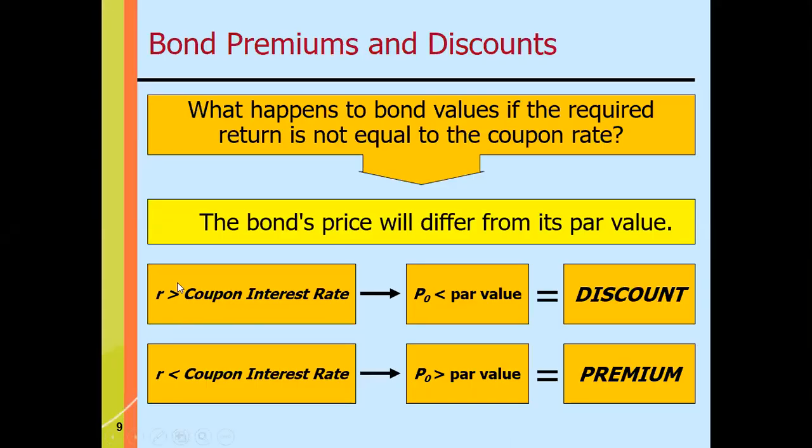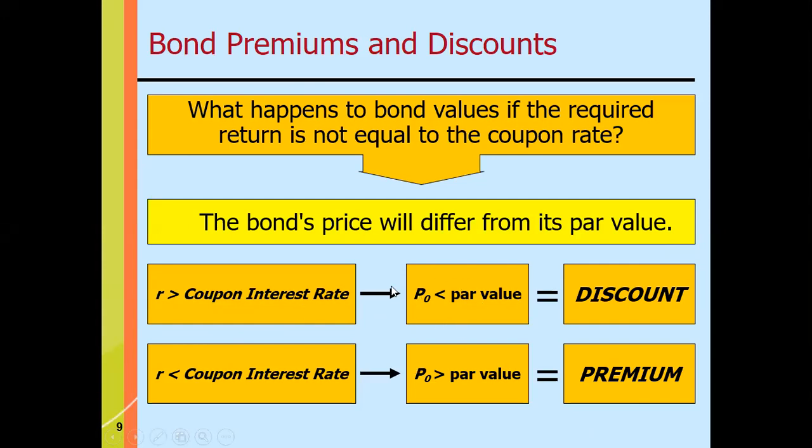And that is the reason that if you look at these given items here in boxes, when R, or the discount rate, or the yield to maturity, or the required return of the asset, or the prevailing market rate of interest, or the bond's current price rate, or whatever term, is greater than the coupon or the stated or the nominal interest rate, then there is a discount.